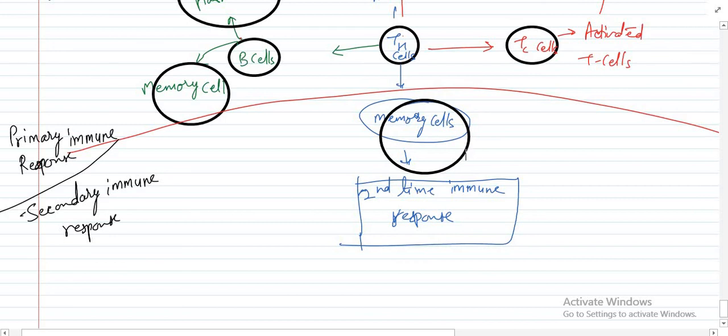So memory cells are involved in the second immune response.